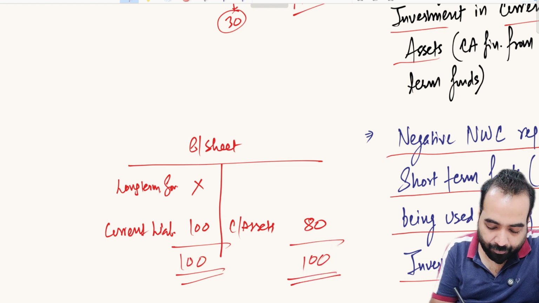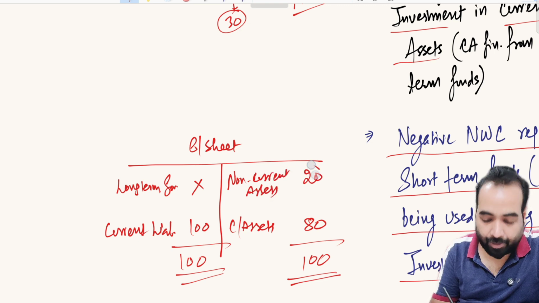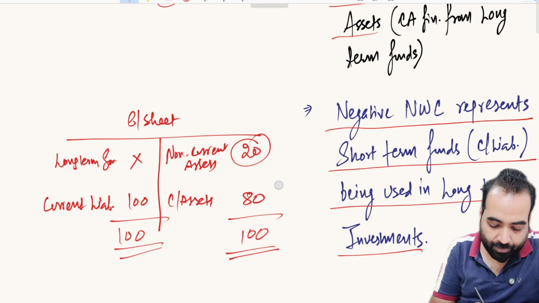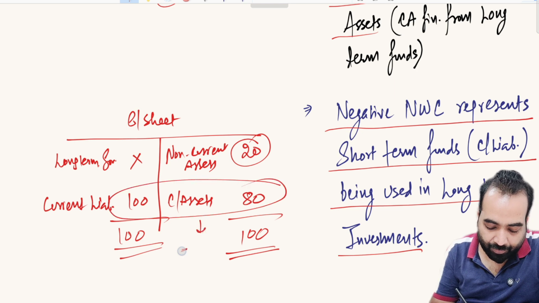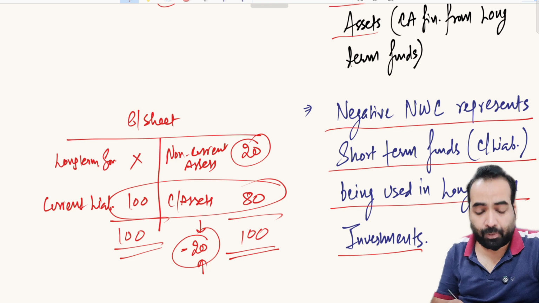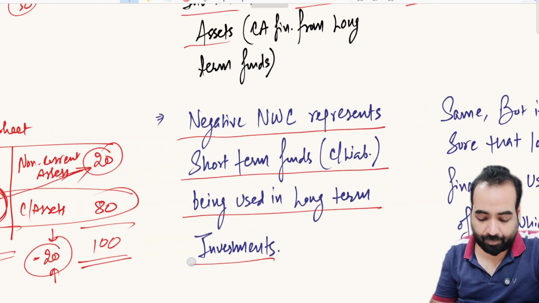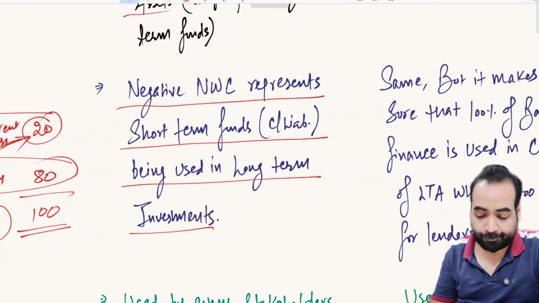Therefore there would be non-current assets or long-term assets or fixed assets of rupees 20 here, right? So NWC in this example is minus 20. This negativity in NWC represents the short-term sources invested in long-term assets, right? Which is a kind of fund diversion.